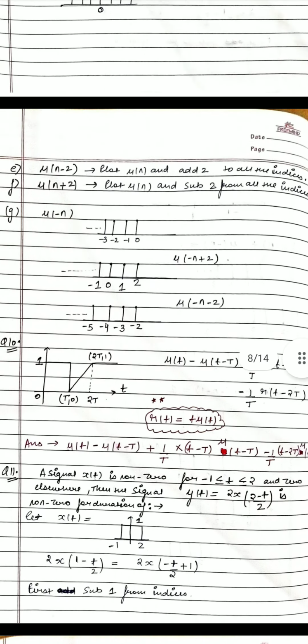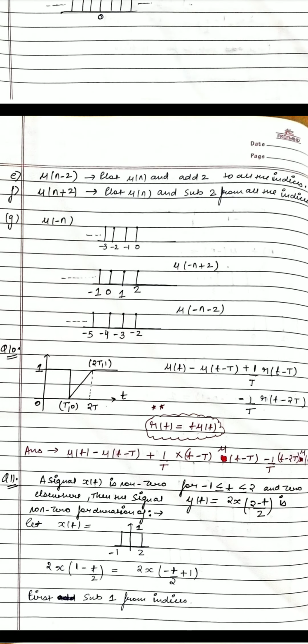Understand the difference. If there is u of minus n plus 2, we have to add 2 to all the indices. But if there is u of n minus 2, then you have to add 2 to all the indices. Same way when there is, already being explained.